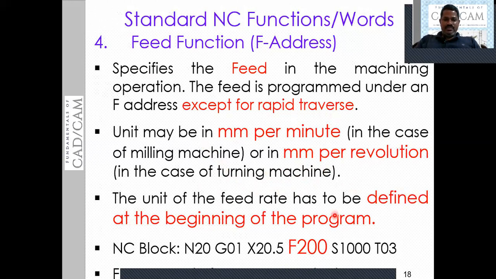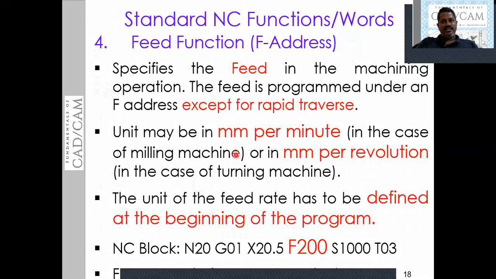The unit of the feed rate has to be defined at the beginning of the program itself. According to the type of machine we are working on and the tool we are using, we specify whether we are going to use per minute or per revolution at the program start.